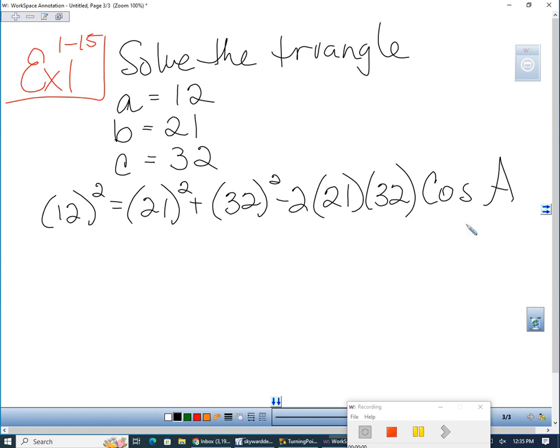So you can do these two and subtract it to the other side, but then you have to divide by that one. You have to make sure we do it in the correct order of operations. We can start here: 12 squared is 144 equals, and I'm going to put these two together to begin with.